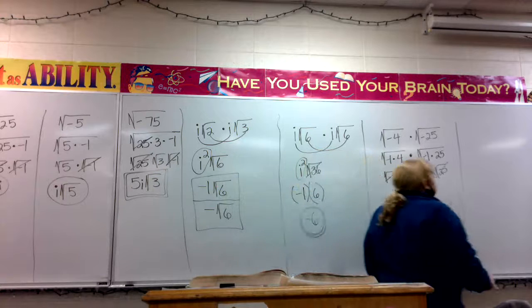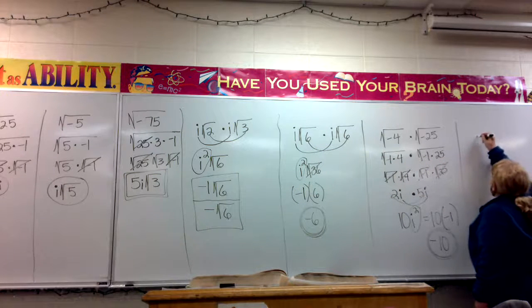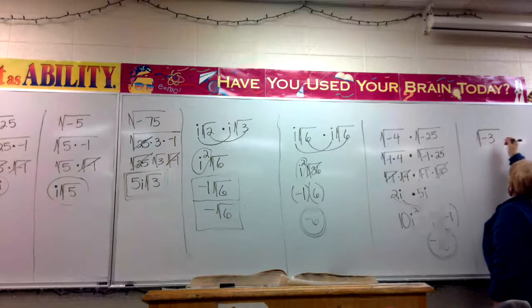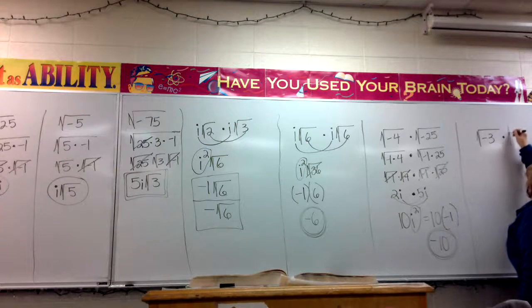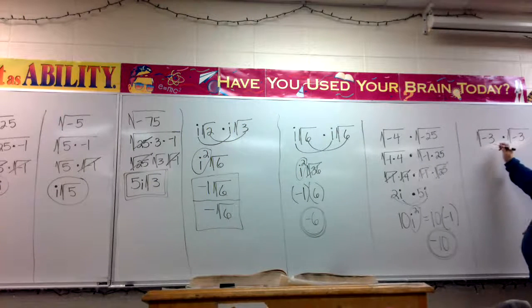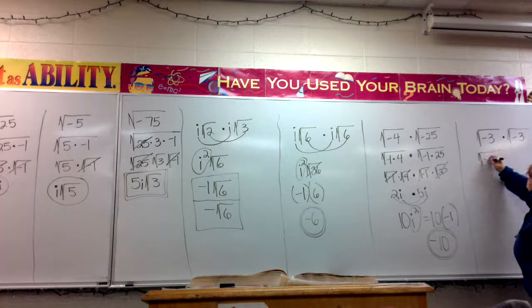So if you have something like this, you want to simplify those first. Everybody always wants to multiply. -3 times -3, that'd be the square root of 9, right? But you have to simplify them first. Always simplify first. So there's not a whole lot you can do here.